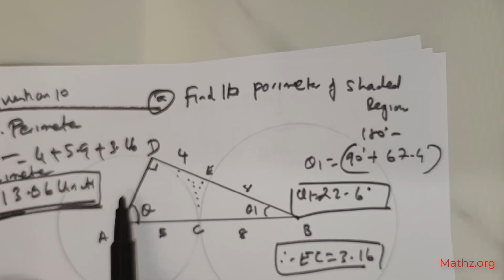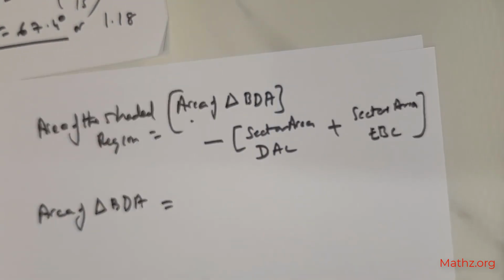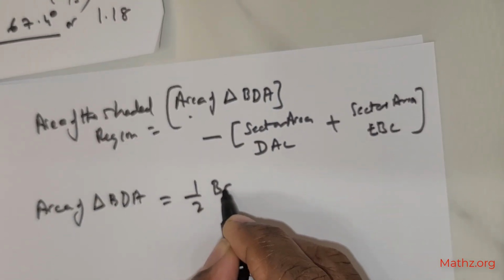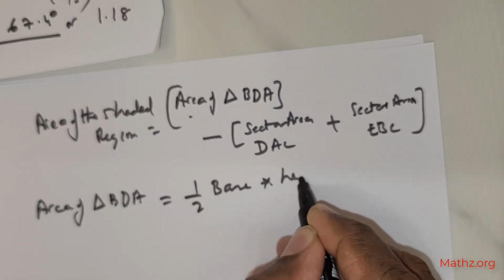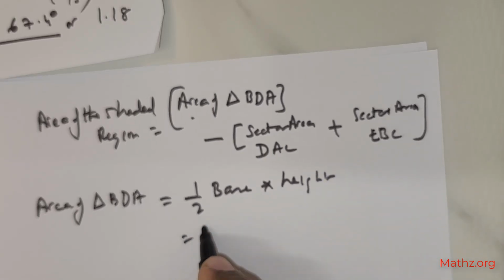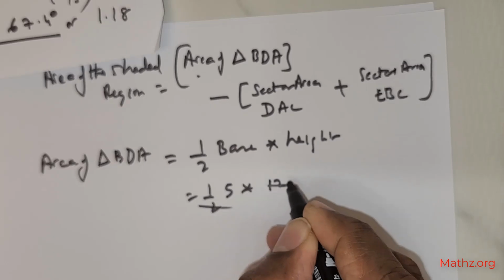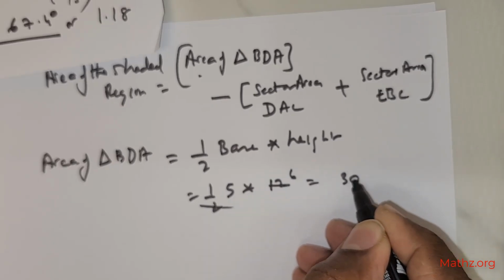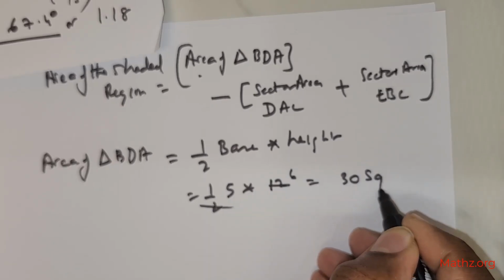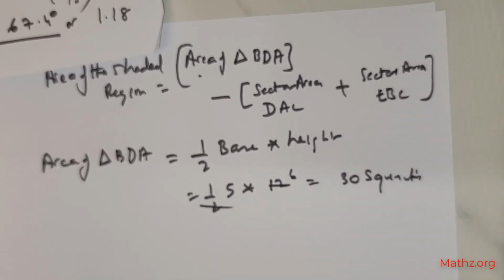So I'm using the formula half times base times height. My base is 5 units. My height is 12 units. We have already calculated that. 2 divides here, 6 times 5 is 30. 30 square units. So that's the area of the triangle.